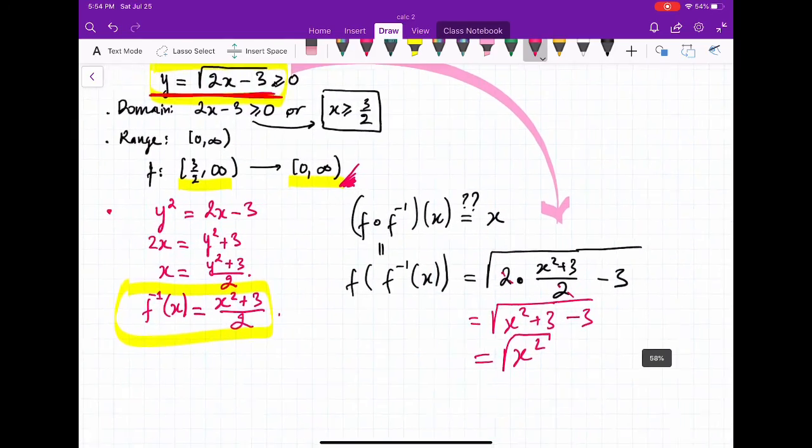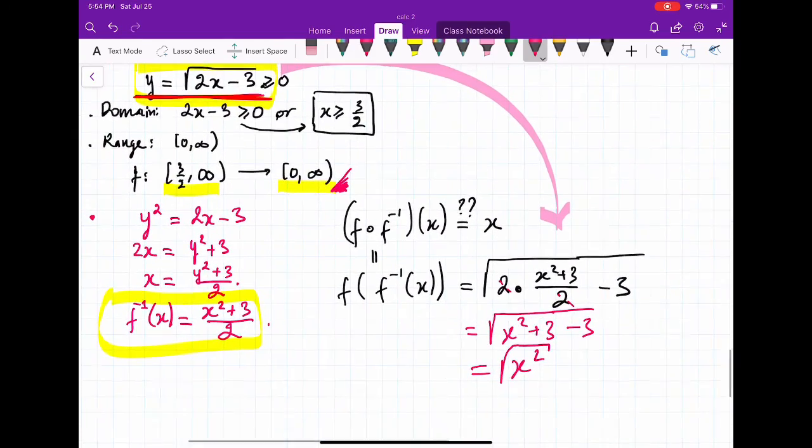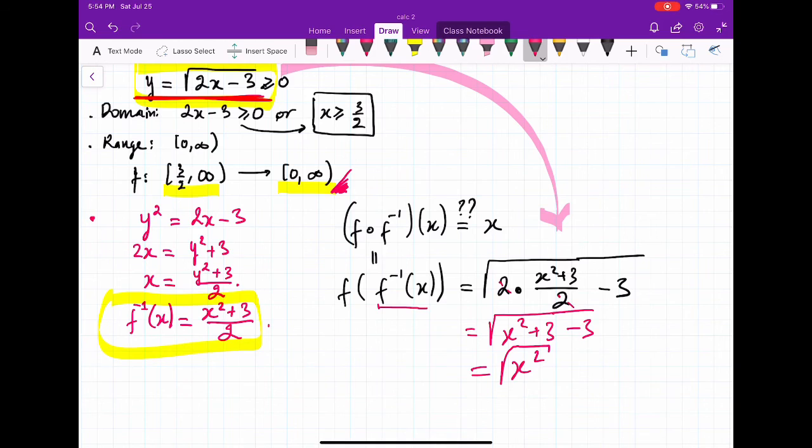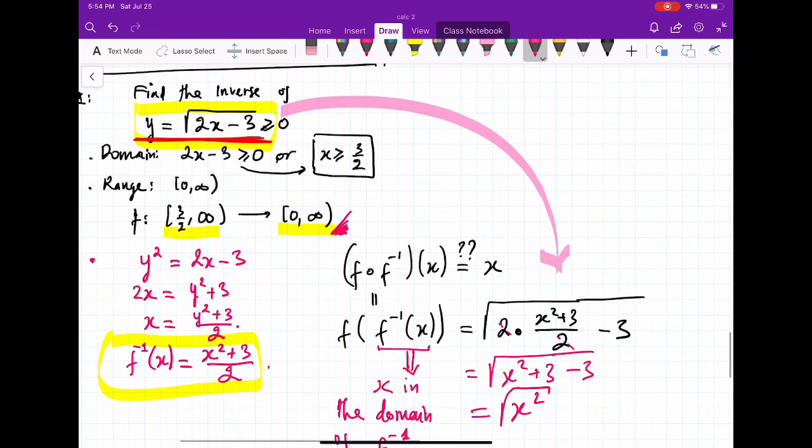Again, in this case we need to consider all x in the domain of the inverse. What is the domain of the inverse? It should also be greater than or equal to 0, because the domain of the inverse should be the range of the original function.